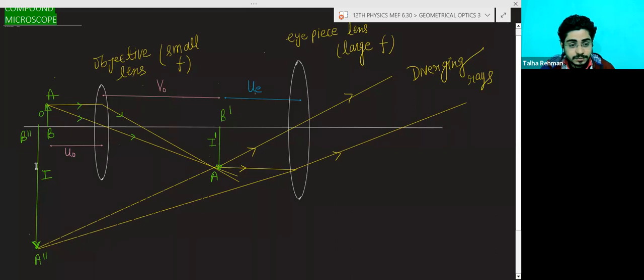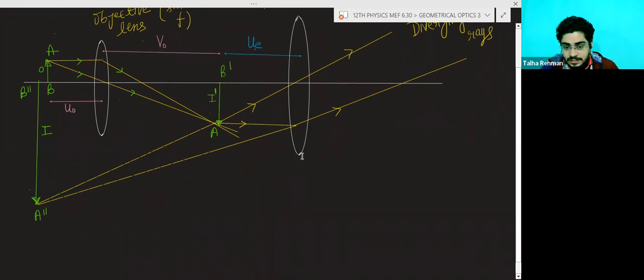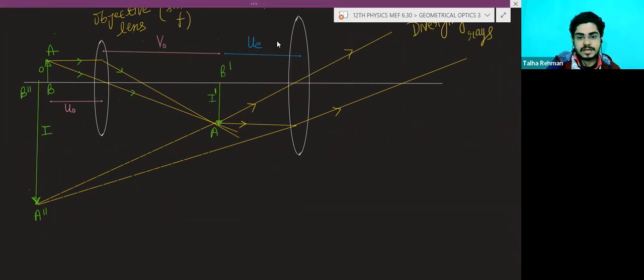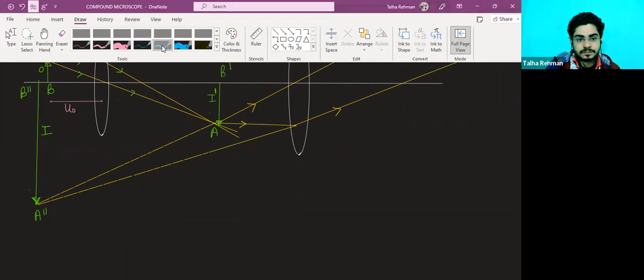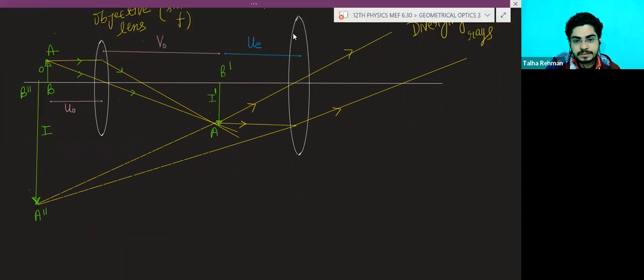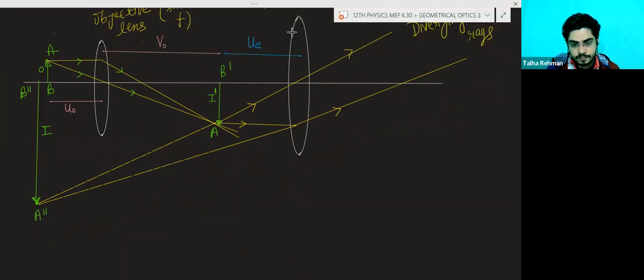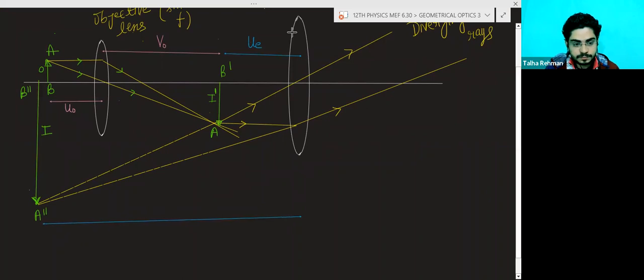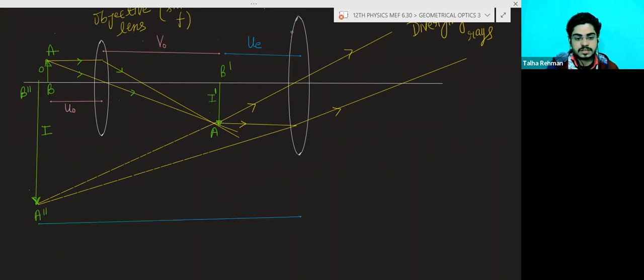Finally, the image is formed here, by the eye lens or eyepiece lens. So what will be the final image distance? Image distance is the distance between the lens and this image. So finally the image distance will be from here to here.